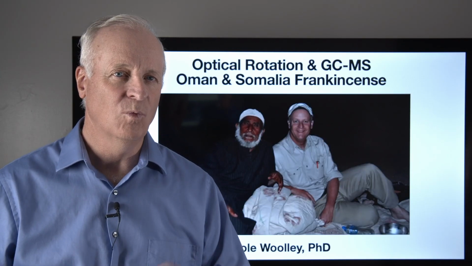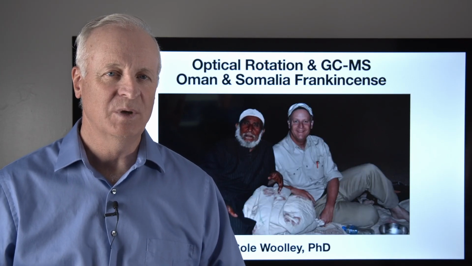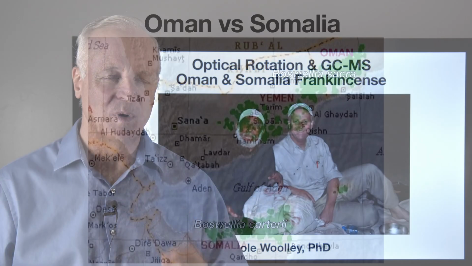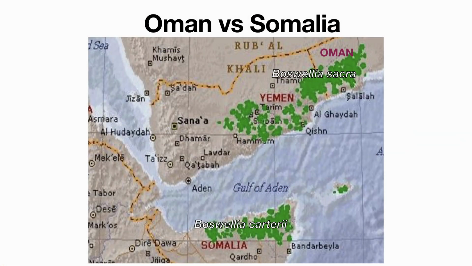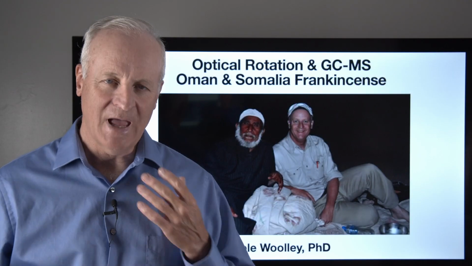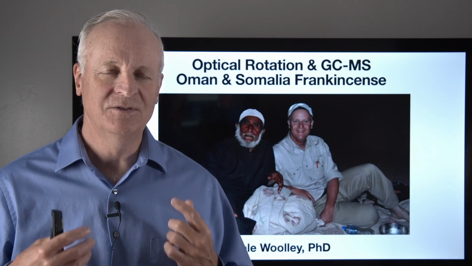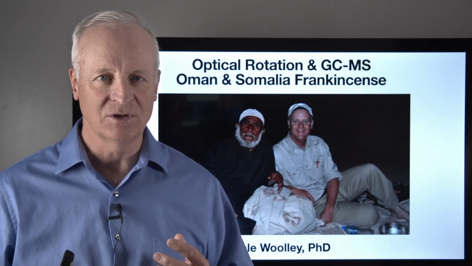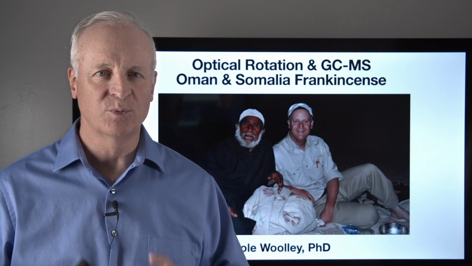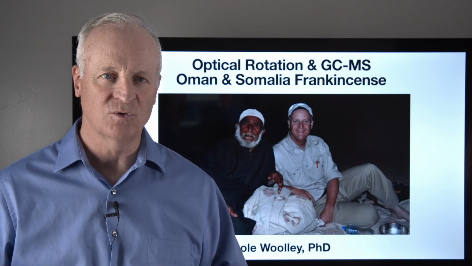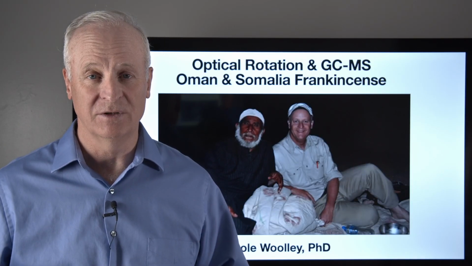So we need one more set of data to be able to confirm that Oman frankincense and Somalia frankincense are different. And that's why the analytical chemist needs different instrumentation in the lab to be able to prove the quality of essential oils and the differences between essential oils.